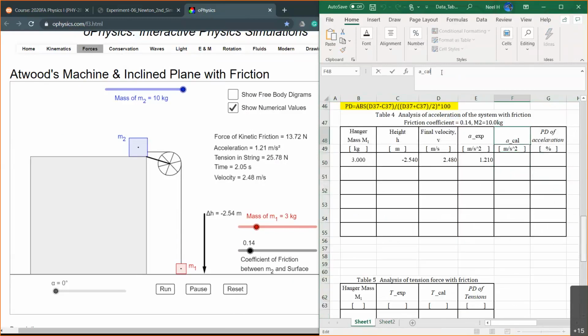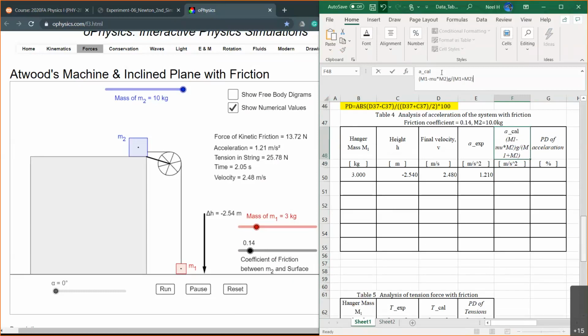Let's add that equation here: M1 parentheses, M1 minus mu times M2, parentheses, gravity, divided by parentheses M1 plus M2. Okay, that's the formula. You don't need to add it here; I'm just adding it as a reference.